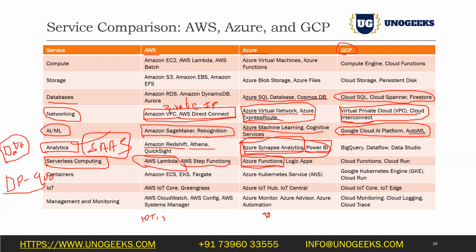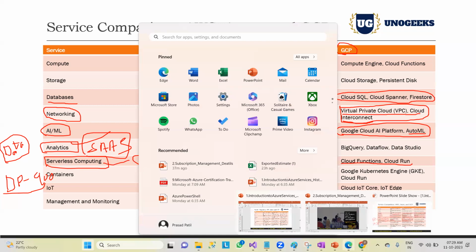So this is a kind of serverless, where the functions will be defined. This is about Azure Functions and Logic Apps. The same thing in GCP we call Cloud Functions and Cloud Run. So we will see logic apps and serverless computing.